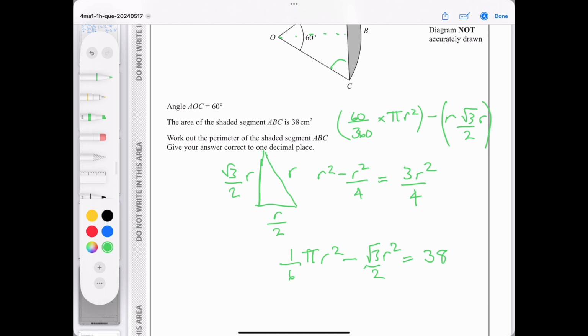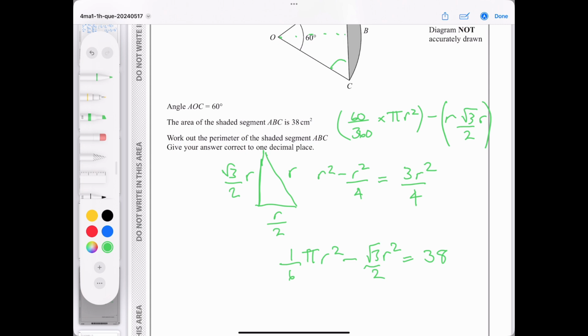So that will be 1/6 times pi minus root 3 over 2 equals.